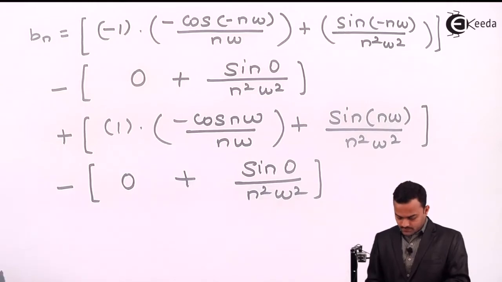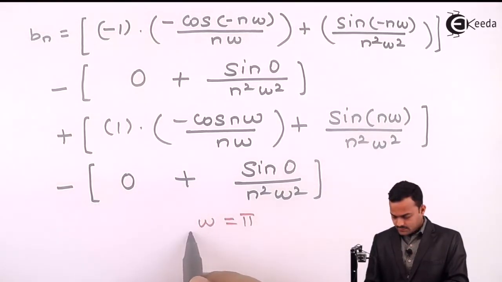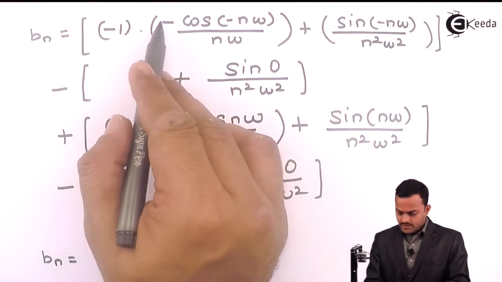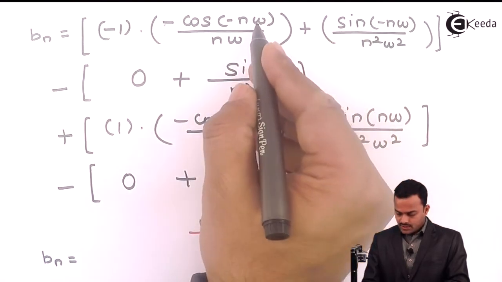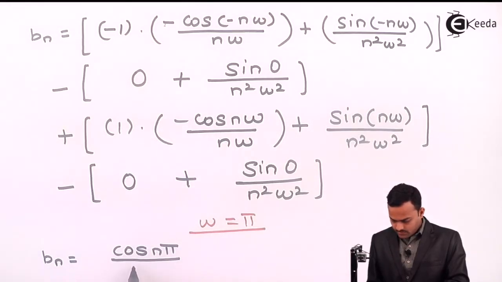Now we know omega is nothing but pi in our case, so Bn will become, here minus minus will become plus, and cos minus theta is cos theta only, and omega is pi, so I can straight away say it is cos n pi upon n pi.